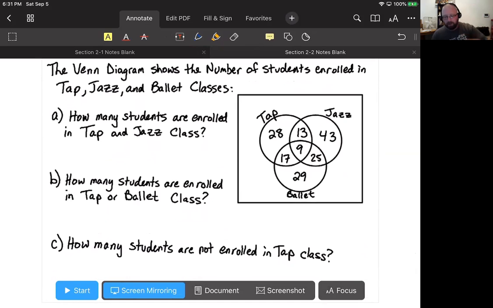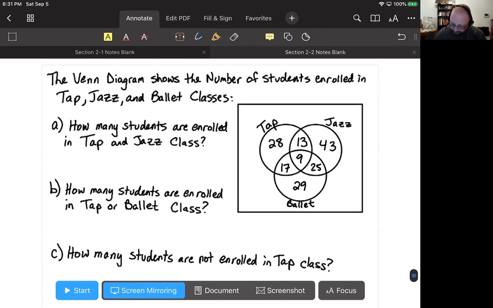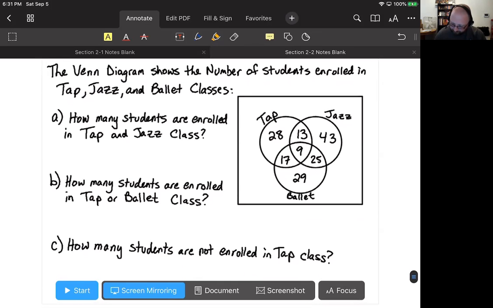Okay. So the first question says, first of all, we got 3 circles here. We got tap, which is here. All those kids take tap. We've got jazz, which is these kids here. These kids take jazz dancing. And we have ballet. This many kids take ballet.